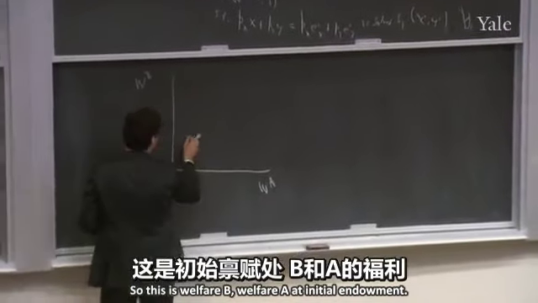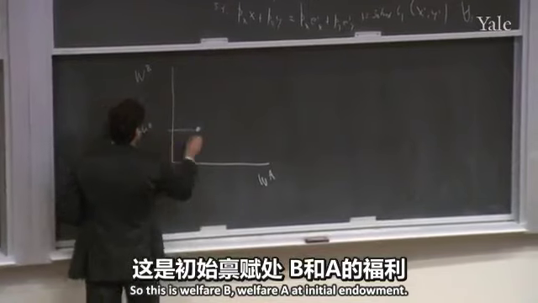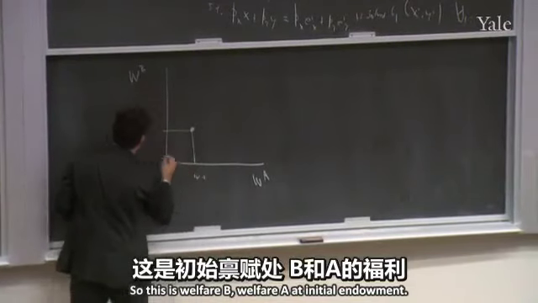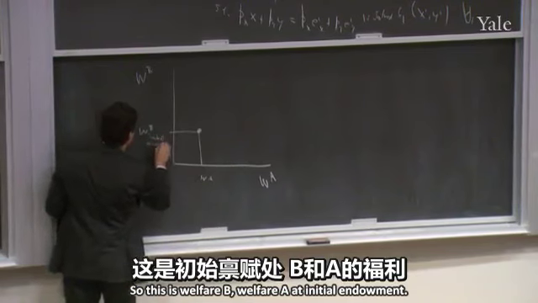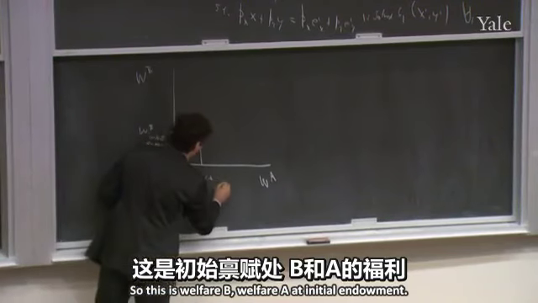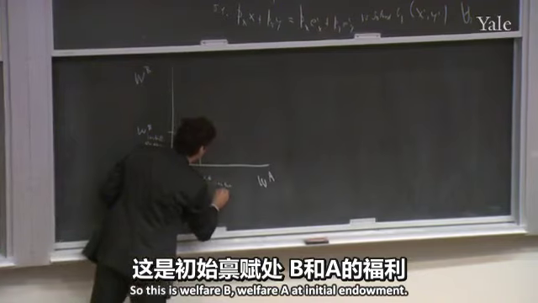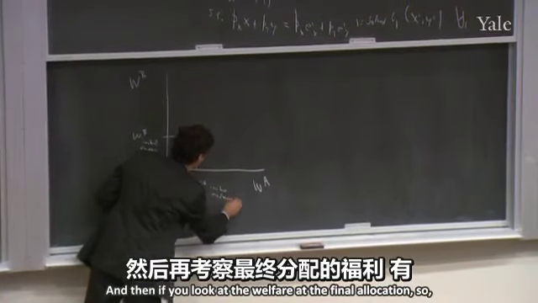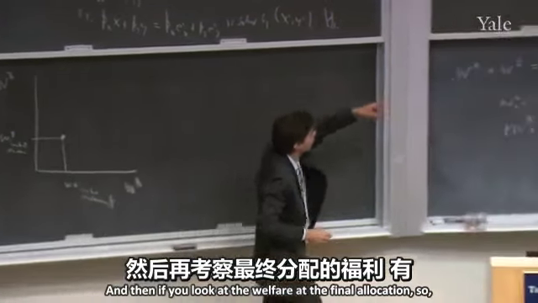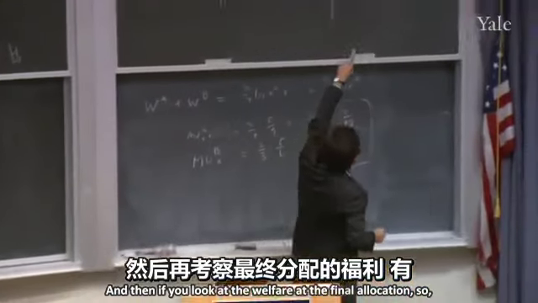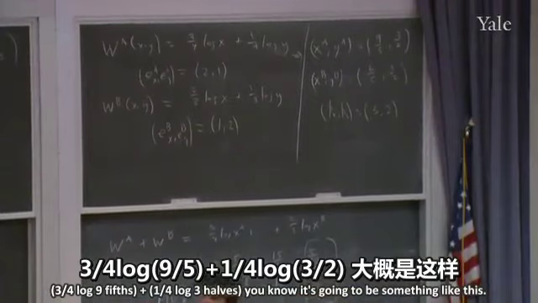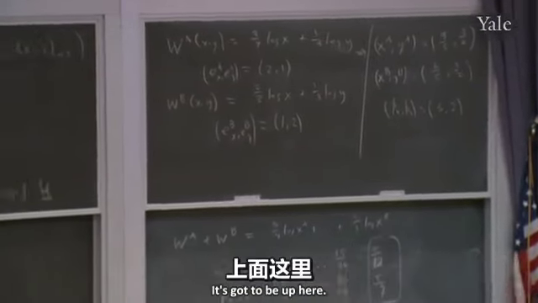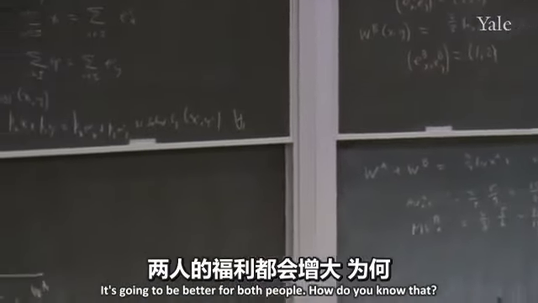So this is welfare B, welfare A at initial endowment. But then if you look at the welfare at the final allocation, so 3/4 log 9/5 plus 1/4 log 3/2, you know it's going to be something like this. It's got to be up here. So it's going to be better for both people.